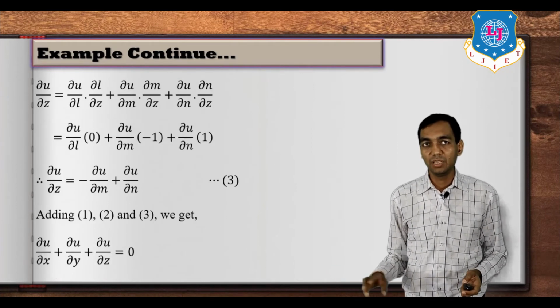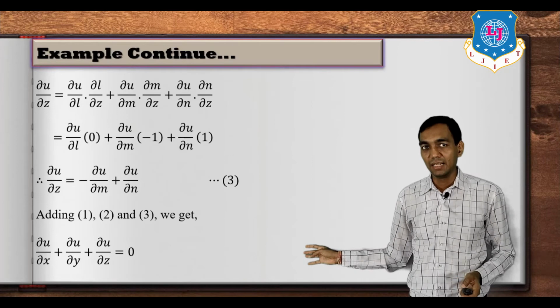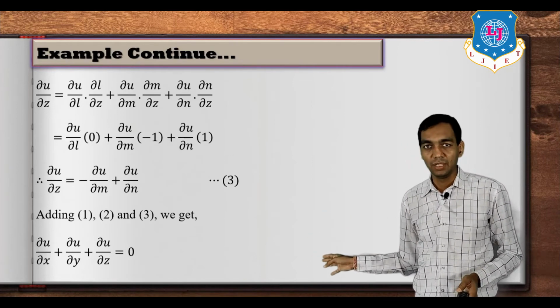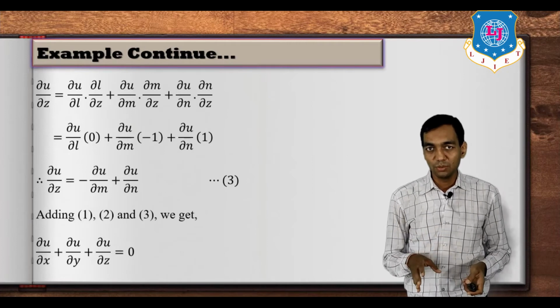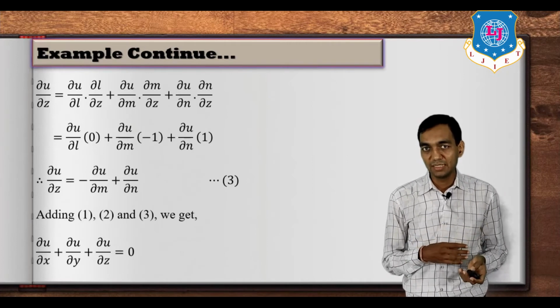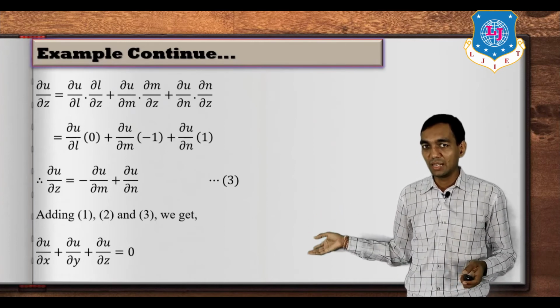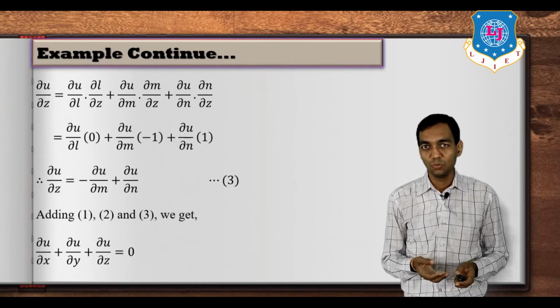And in the same manner, del u by del z has a value minus del u by del m plus del u by del n. Now see, put all values on the left hand side, or you can add all three equations 1, 2 and 3, that will directly give you the answer 0, which you have to prove.